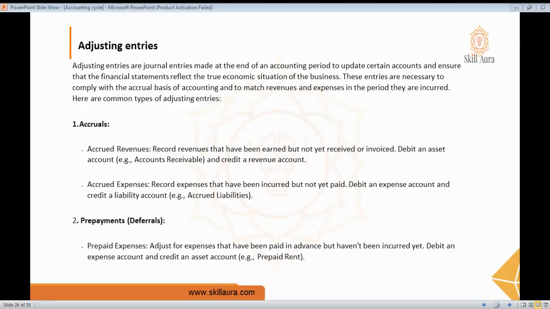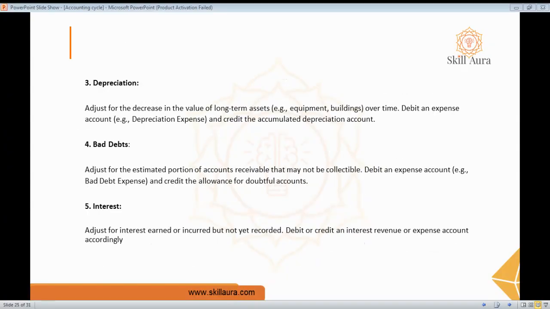For example, prepaid rent. When it comes to depreciation, it is the adjustment for the decrease in the value of long-term assets over time, like equipment, buildings, plant and machinery. It debits the expenses account, like depreciation expense, and credits the accumulated depreciation account.